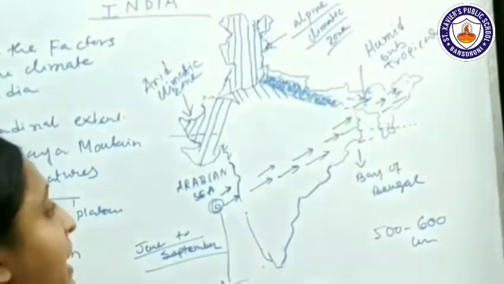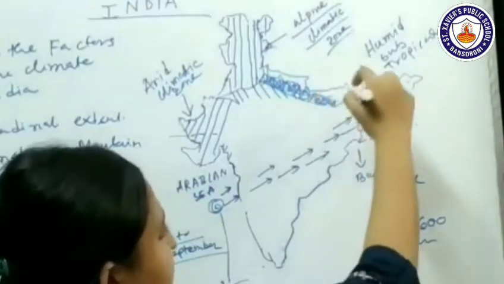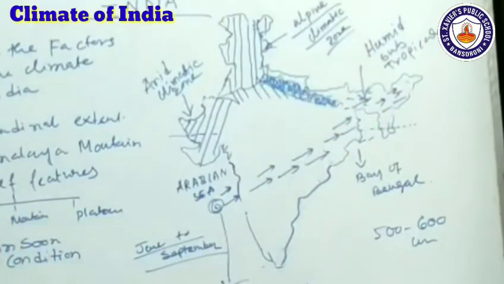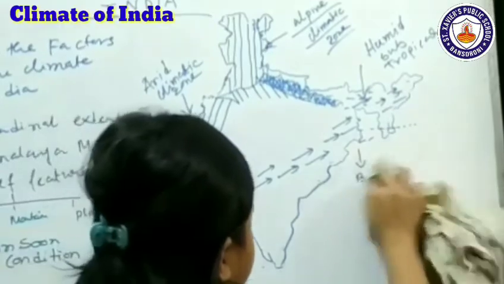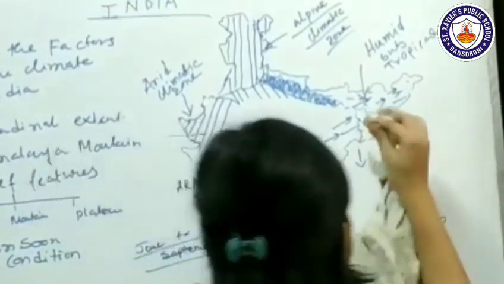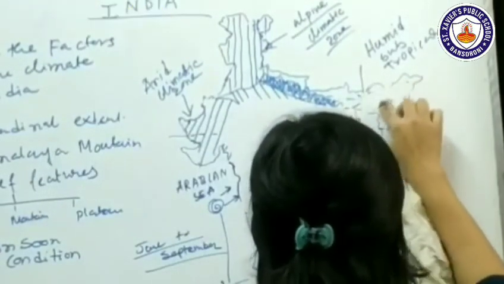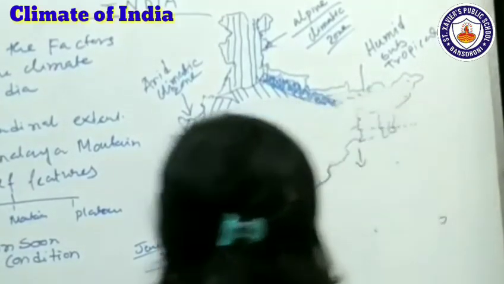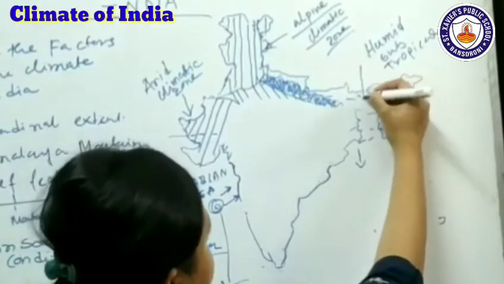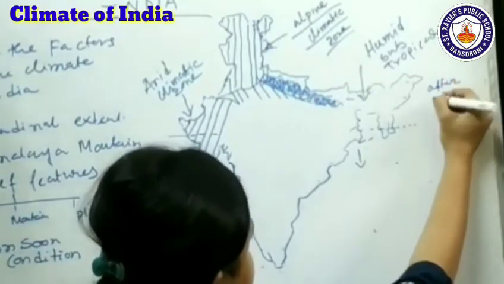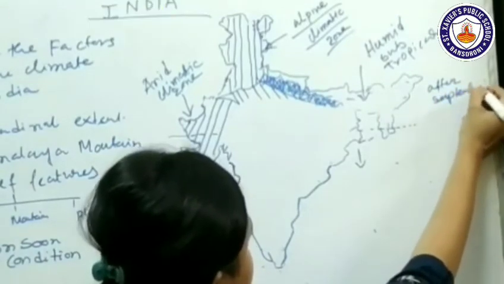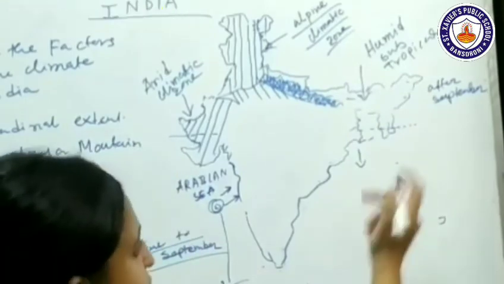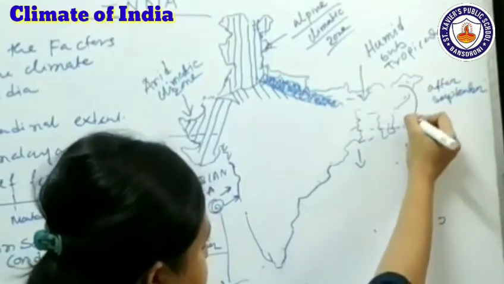After September, these monsoon winds also retreat from that place. So how does it look? After September, this wind, the southwestern monsoon, retreats from that place.